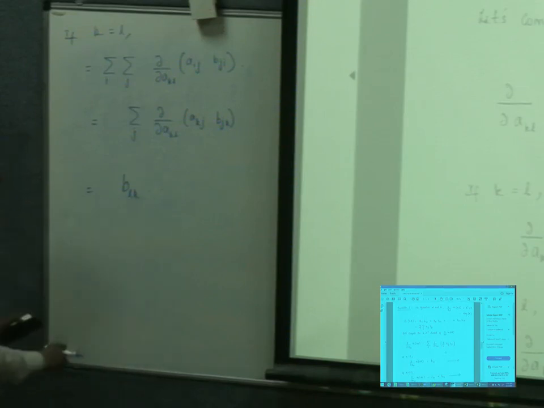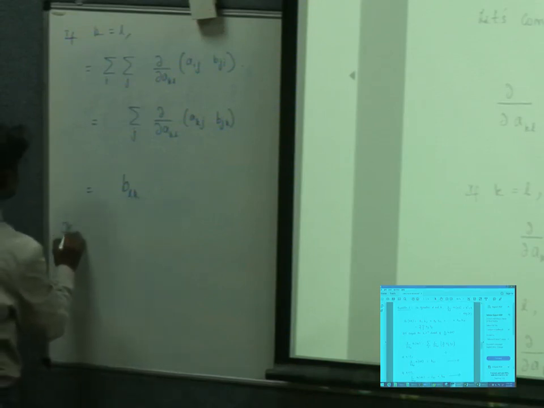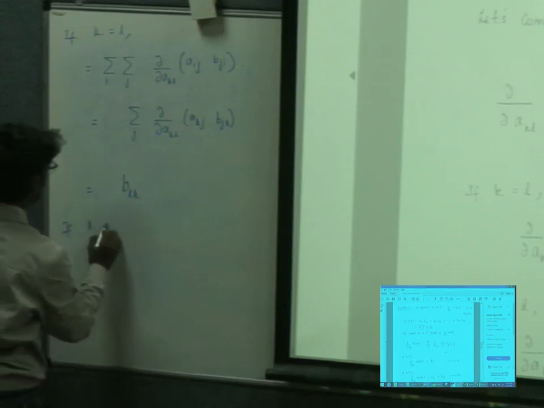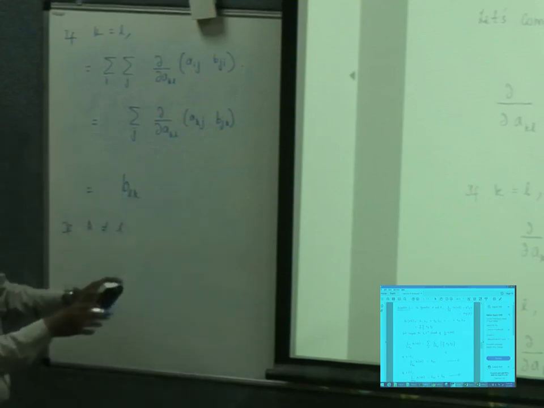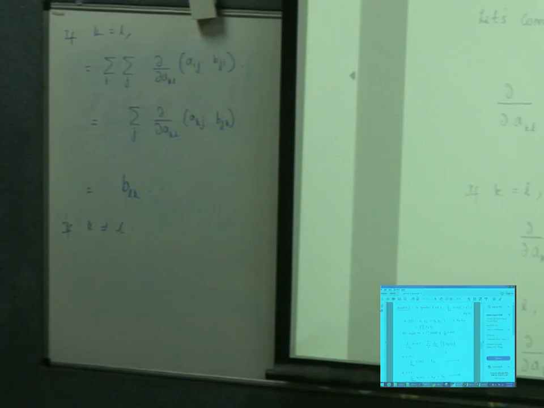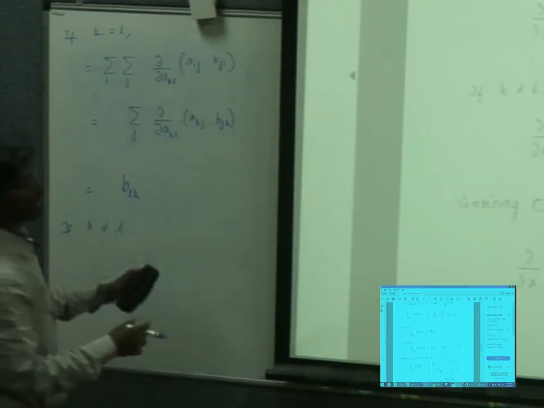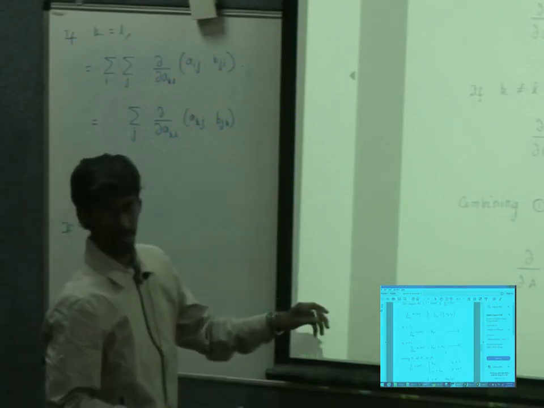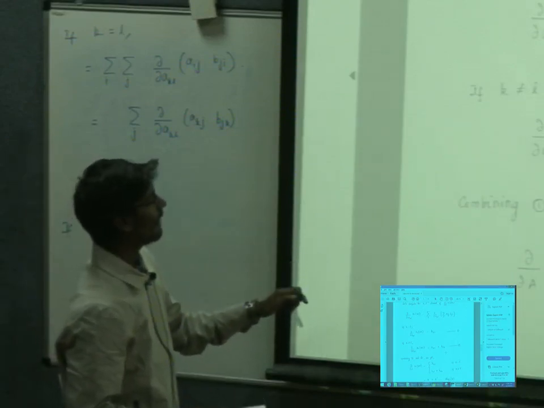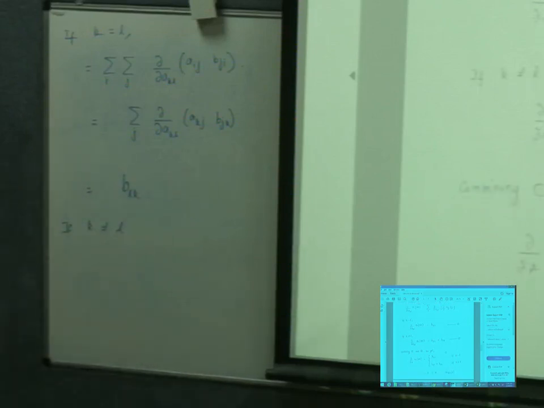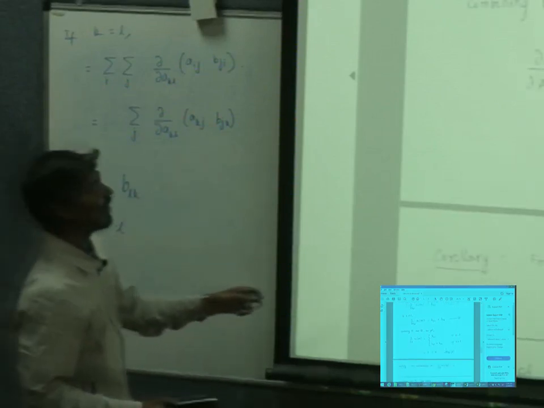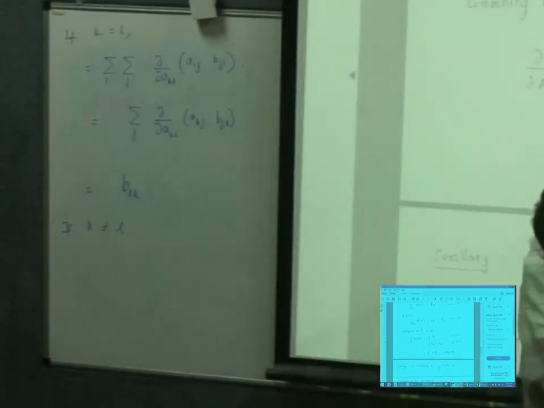And if K is not equal to L, again, we can use a similar argument which we had for the previous proposition. In this case, you will have two terms, BKL plus BLK. So now combining these two things, for the off diagonal elements we'll have BKL plus BLK, for the diagonal elements we'll have BKL.